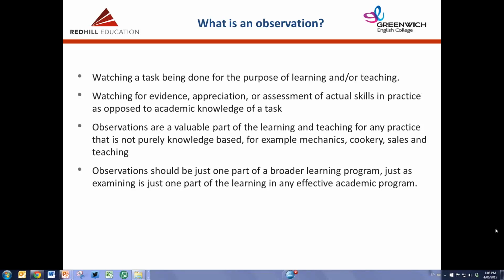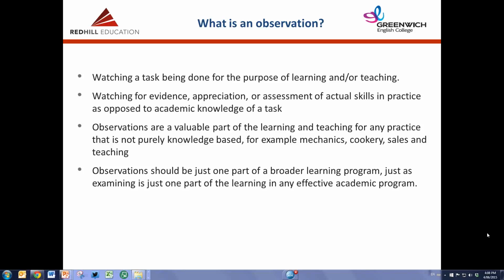And one of the central points that I'm going to make today is that observations really should be part of a broader learning program. So I'm going to be giving more of an introduction to observations and some general statements. And one of the key ones there is that just as examining at the end of a course of study, or during a course of study, is valuable for supporting learning and assessing learning, it's not the only part of it.